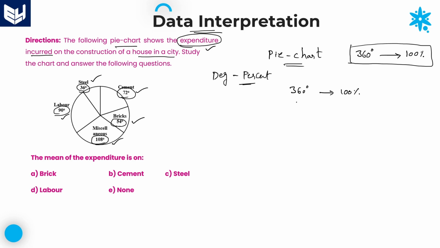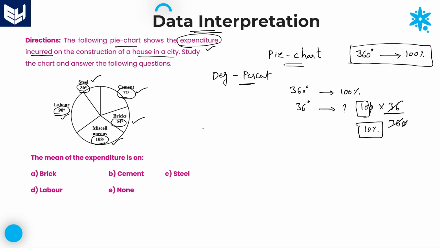Then 36 degrees is equal to 100 into 36 divided by 360. Here the 0 gets cancelled, and 36 cancels. Therefore, 36 degrees is nothing but 10%. This is the way of converting degrees to percentage.